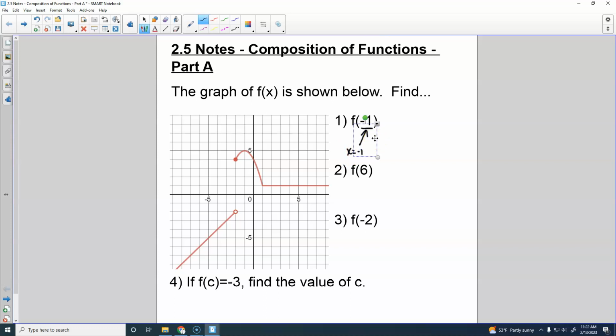All right. So if I look at negative 1 on this graph, negative 1 is right here. The point on the graph that I'm looking at is this point that I've just shown right here. What's the y coordinate for that? It would be 5. Okay.